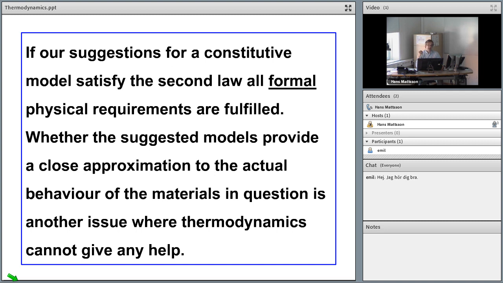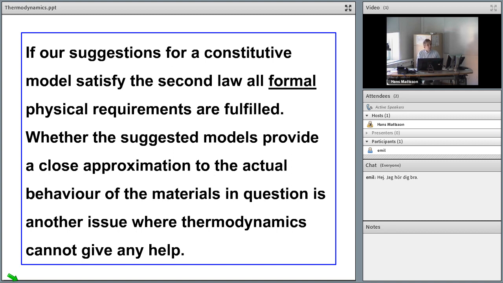One argument is that we should always develop models that are fulfilling the physical laws, and the reason for that is that if we use the constitutive model in the finite element method, and we do not fulfill all these important physical laws, like the second law of thermodynamics, some strange things can happen in the finite element method.